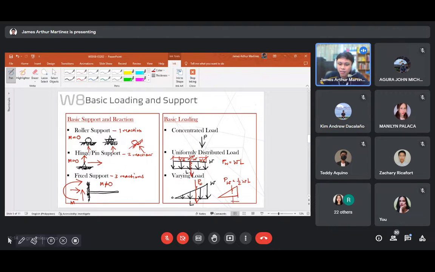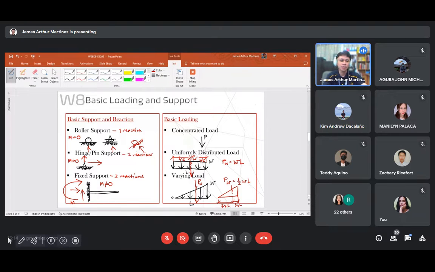It is located such that this part is 1/3 of L, and this other part is 2/3 of L. Okay? So please review, class. I hope you haven't forgotten them, but if you have, review the centroids of the basic shapes.